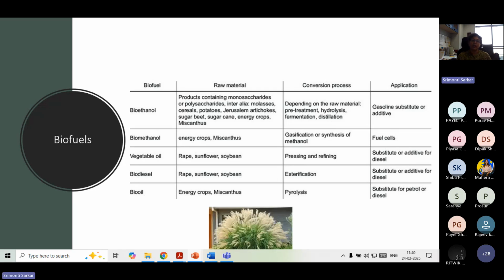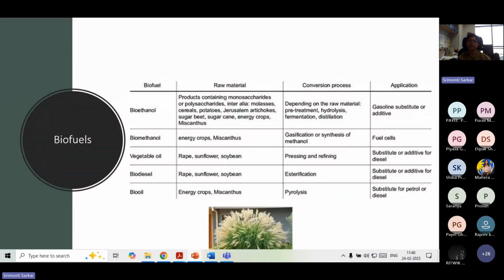But you also can get oils like vegetable oil from rapeseed oil, from rape seeds, from sunflower, from soybean, and these are also then converted to fuels. So the conversion processes vary depending on the source. It could be gasification in case of biomethanol, where the energy crops are converted to methanol.